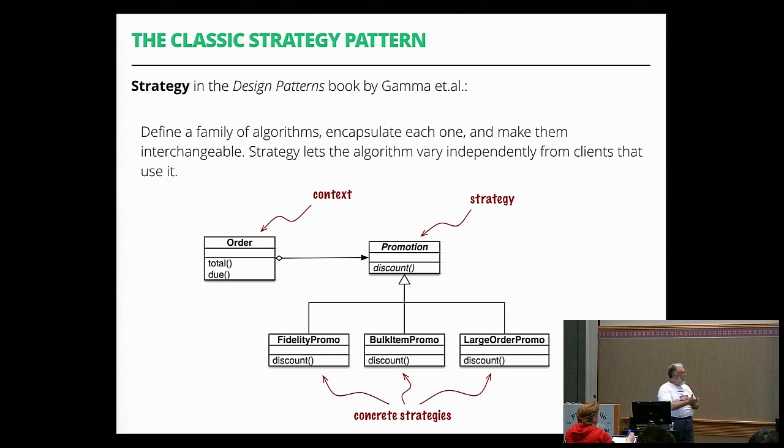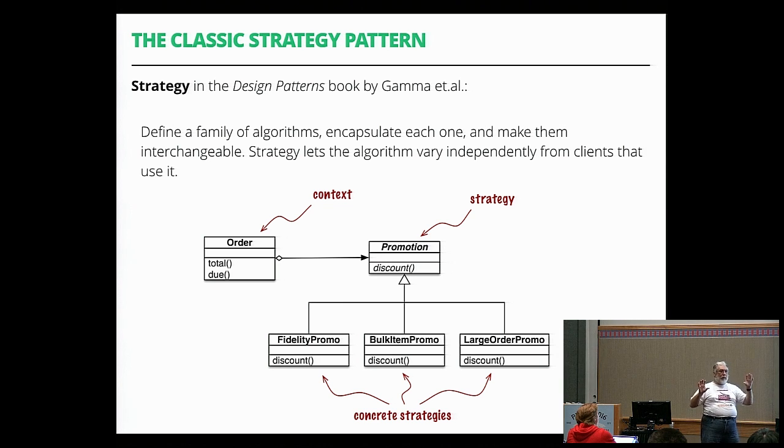Anyway, so what's the idea? This is a concrete example. It's not the same example that's in the book, but I think this example is more familiar to many of us. And this is the terminology of the book in terms of the roles that those classes play in the pattern.